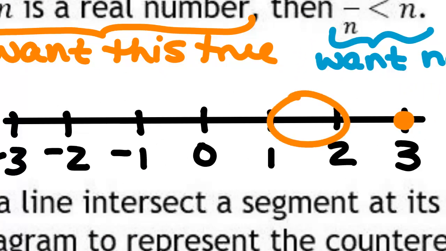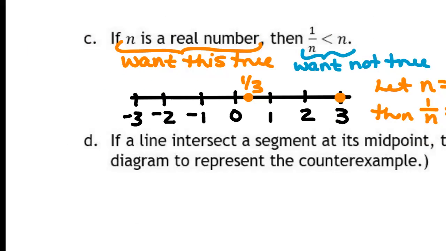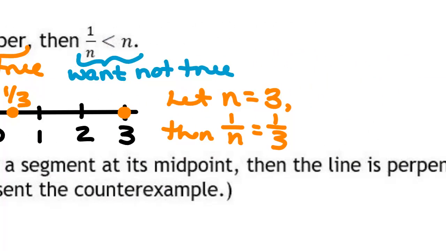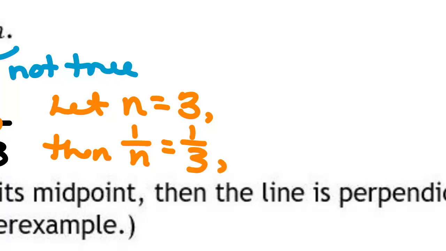Between 1 and 2 is where 1/3 would be? Between 0 and 1. So 1/3 would be about here-ish, right? Is 1/3 less than 3? Is it to the left on the number line? Yes. So that's not going to work as a counterexample because this is true. 1/3 is less than 3.